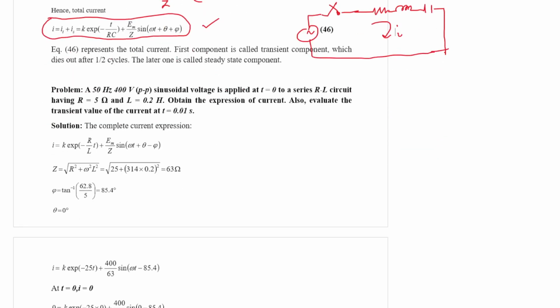Now let us solve one problem on transient response with sinusoidal excitation. In this problem it is said that a 50 Hz, 400 volt peak to peak sinusoidal voltage is applied at t equal to 0 to a series RL circuit. So we have a sinusoidal voltage source applied at t equal to 0, the switching instant.